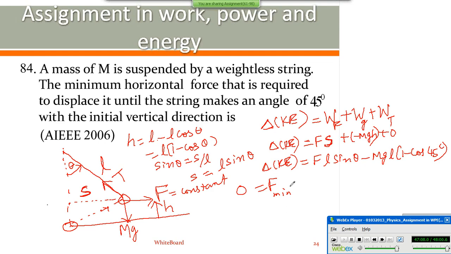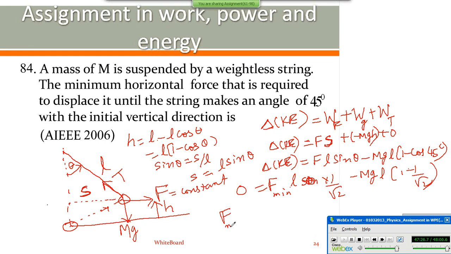And theta you can write as 45 degrees. And sin 45 degrees, or sin theta, you can take as 1 by root 2. Cos 45 degrees is also equal to 1 by root 2.